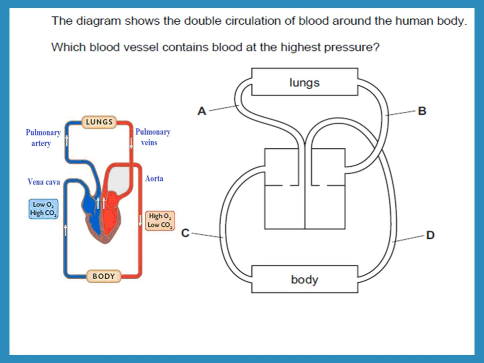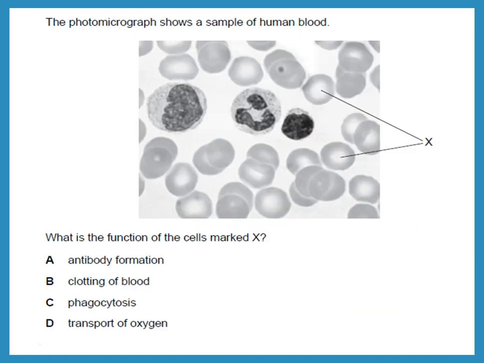So remember that the aorta is the one that has the highest pressure, because we need to pump the blood to all parts of the body. And that is why the walls of the left ventricle have to be thicker than that of the right ventricle, because it's pushing the blood to all the body. So which of these is the aorta? Of course, that is D.